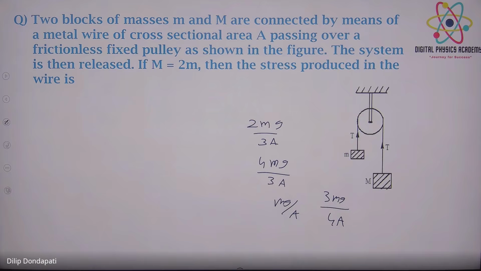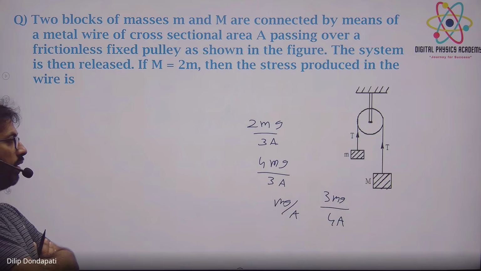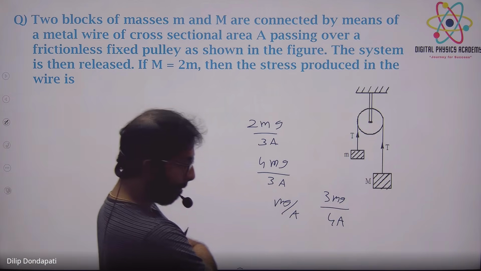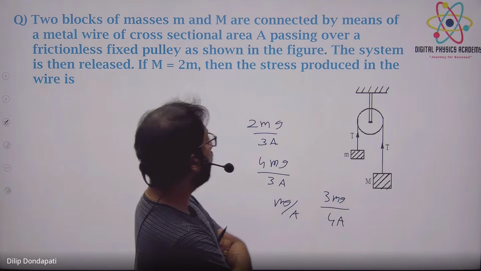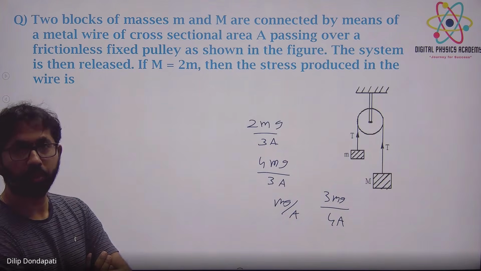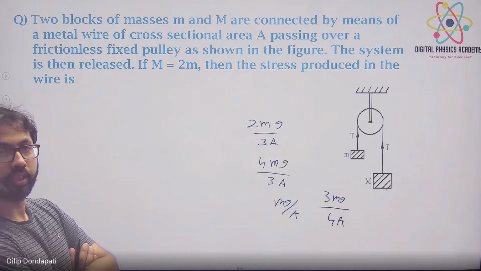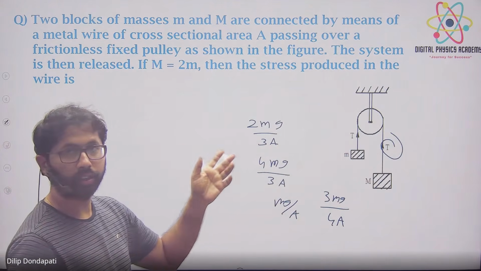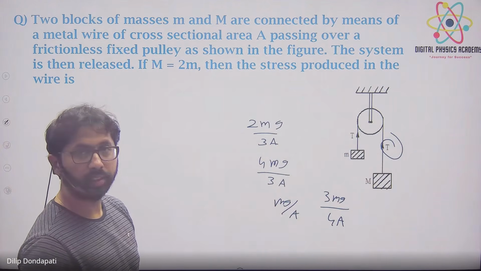Sir, what do we do after finding tension? Whenever pulley is attached with two masses, टेंशन का फॉर्मूला यूज करके वो करो. Sir, what do we do after finding tension? Stress is force upon area, right? फोर्स का कितना है? फोर्स इज नथिंग बट टेंशन ओनली. इसके ऊपर फोर्स फाइंड करो, टेंशन बाई एरिया करो, आ जाएगा.